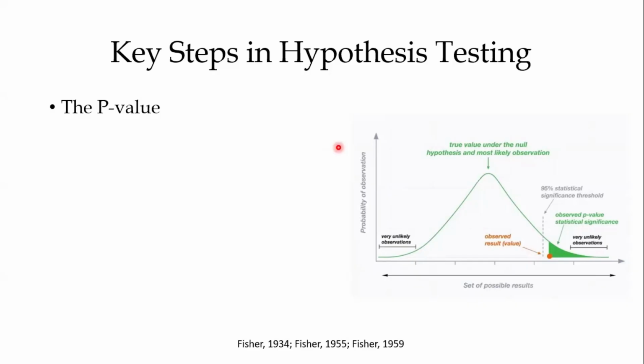P-value, on the other hand, is a probability value. It is what is calculated after analyzing the data. So in your mind, you set a threshold of 0.05. But what you actually get when you analyze the data in the sample is what is called the p-value.